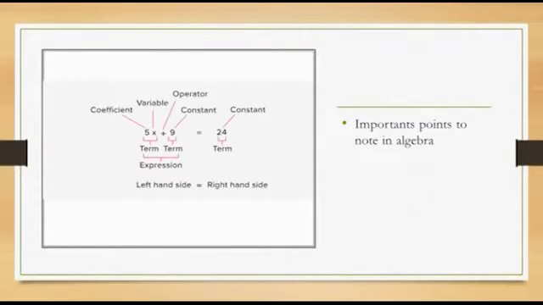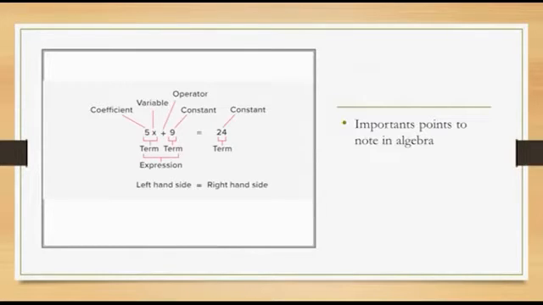Let's look at some points that we can note when we're doing algebra, just some simple things that we should know. As you can see here, the example we have is 5x plus 9 equals 24. So you have the left-hand side and the right-hand side, just for you to follow me. On the left-hand side, we have 2 terms. 5x is a term and 9 is a term.